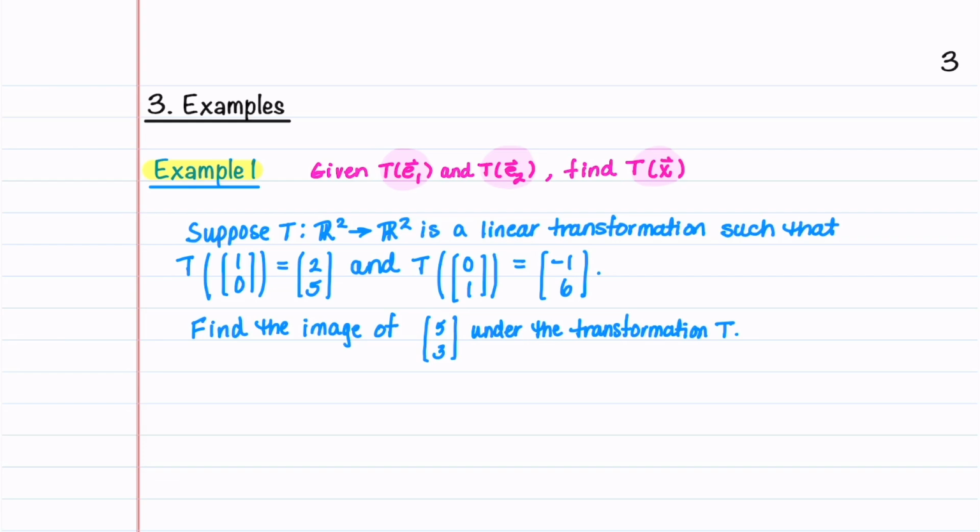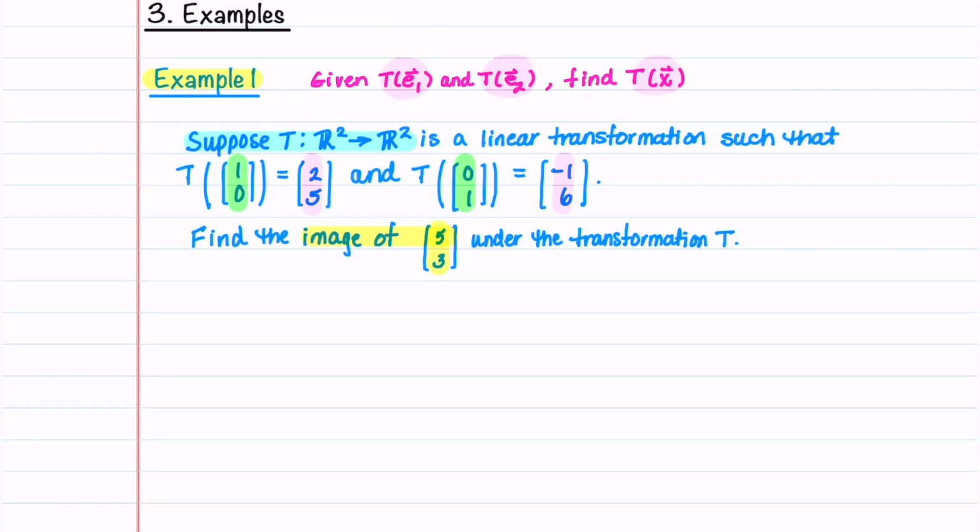Suppose T is a linear transformation that maps vectors from R2 to R2 such that T of (1, 0) is equal to (2, 5), and T of (0, 1) is equal to (-1, 6). We're asked to find the image of (5, 3) under our transformation T. Let's begin by noticing that (1, 0) is our e1 and (0, 1) is our vector e2.